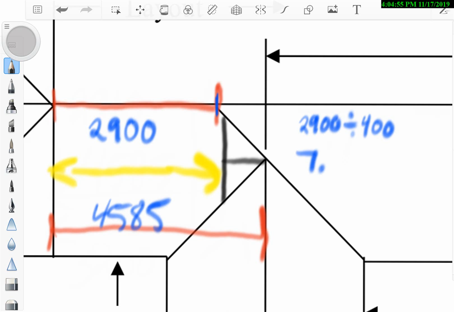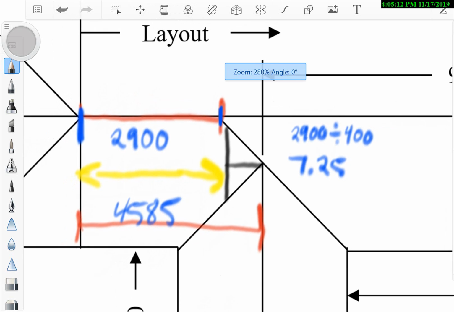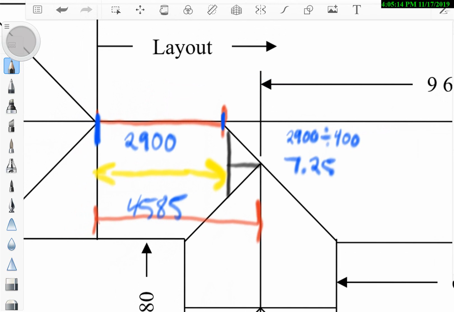So we know that from our layout point to what ends up being another change point, our supporting valley is 7.25 spaces. Now I'll go ahead and shrink this down a little. We know that we have 7 spaces, 1, 2, 3, 4, 5, 6, call it 7.